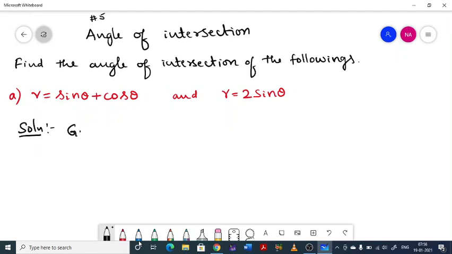So given r equal to sin theta plus cos theta and here r equal to 2 sin theta.